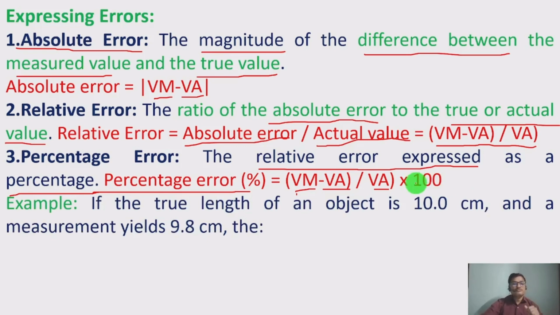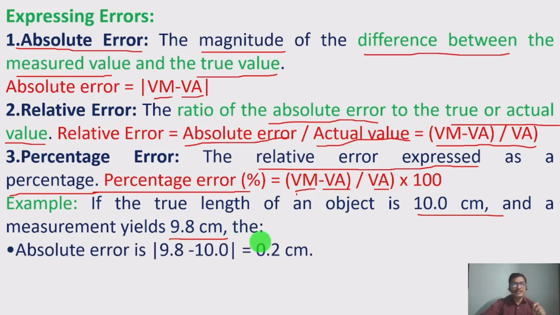Then moving further, for example, for the calculation of all these errors, if the true length of an object is 10.0 centimeter and a measurement yields a measured value of 9.8 centimeter, how can we get all three errors? The absolute error is the measured value minus the actual value, that is 9.8 minus 10.0, which is 0.2 centimeter.